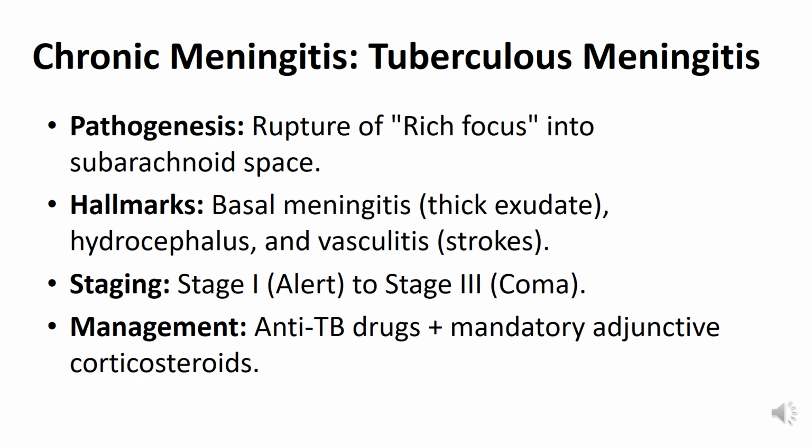Early recognition and treatment are critical. The sooner therapy begins, the greater the chance of preserving brain function and preventing permanent disability. In tuberculous meningitis, delayed diagnosis can be devastating, but timely intervention can truly change lives.